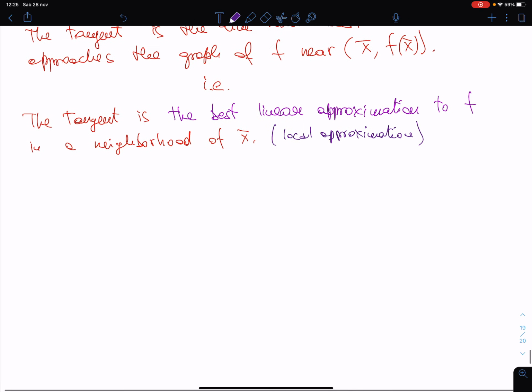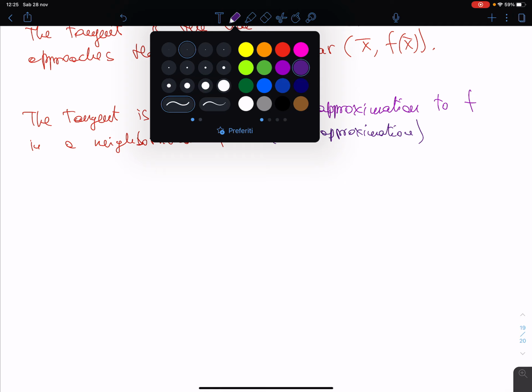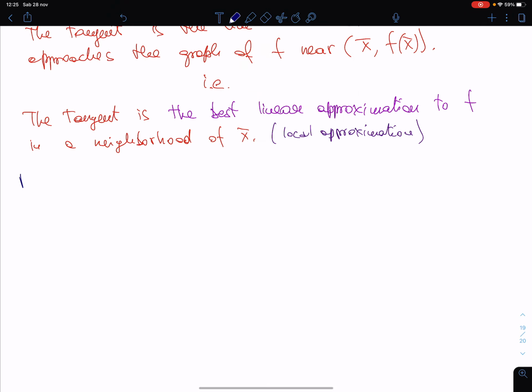So another point of view, a more geometric point of view, is the following.